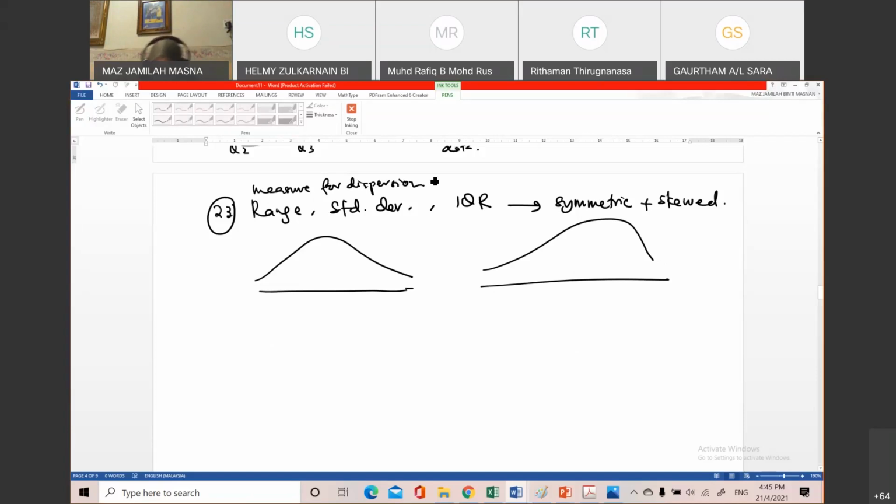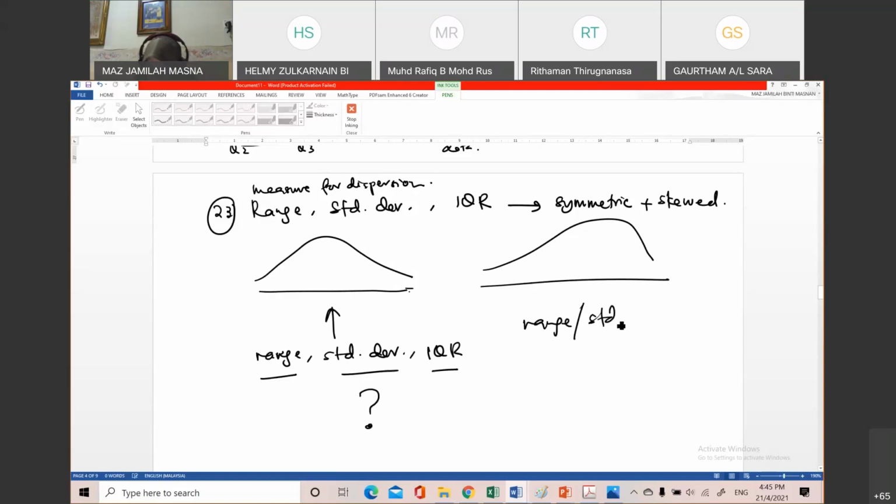Now, for symmetric first, class. For symmetric, we have discussed this earlier on. Which one is the best? Range or standard deviation or IQR?